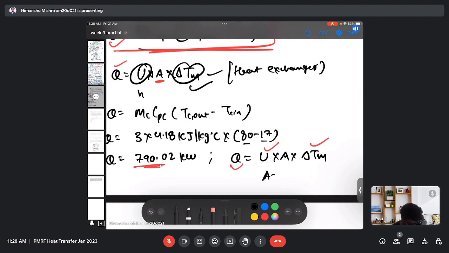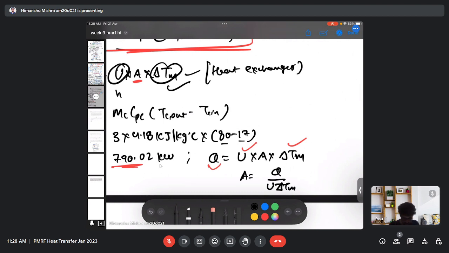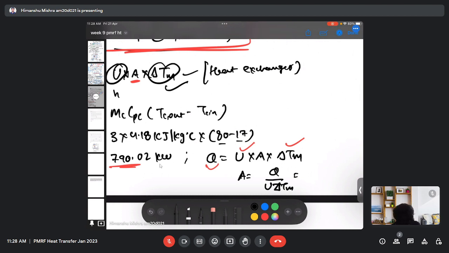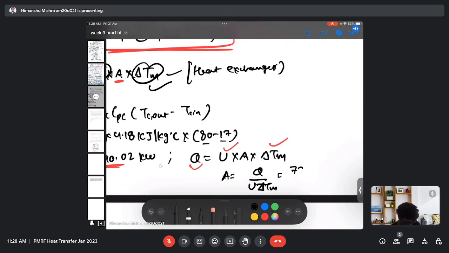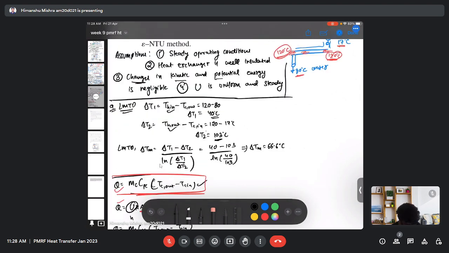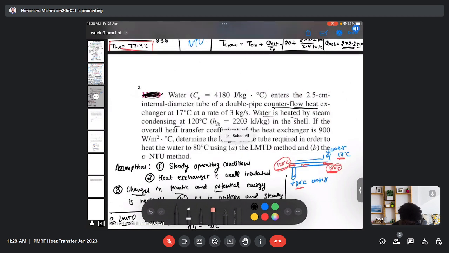So my area will be 790.02 kilowatt divided by my heat transfer coefficient, which is 900 watt per meter square Celsius.